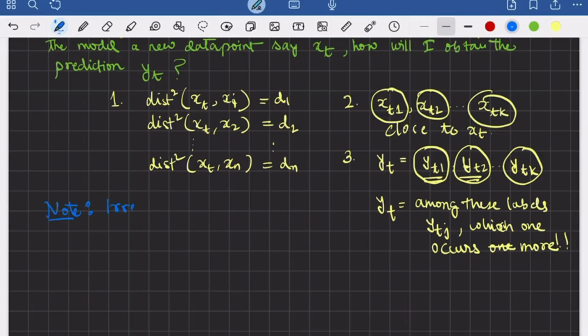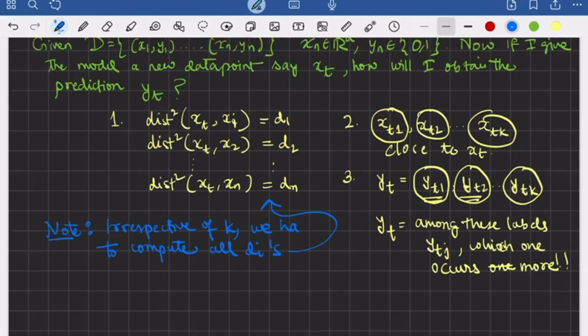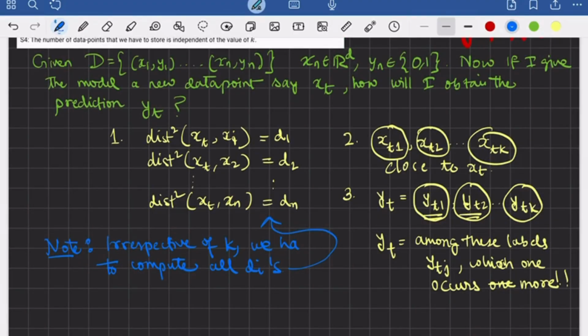Irrespective of k, we have to compute all di's. Now, this means that we will have to store all the data points x1, x2 up to xn.